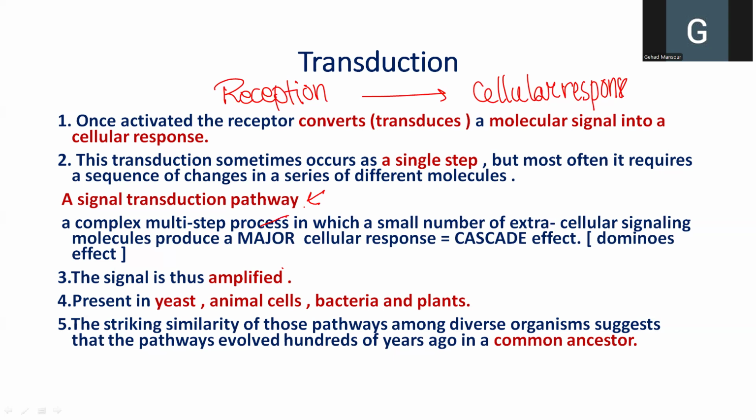And why are we saying this? Because we start with a small number of ligand molecules or extracellular signaling molecules, and we end up having thousands of product molecules. So there is a cascade effect or a dominoes effect. And we said before that whenever we are asked about the cascade effect and the dominoes effect, we have to talk about two things.